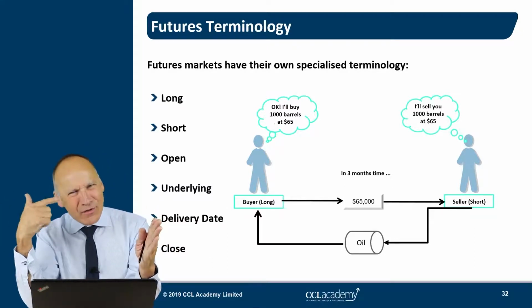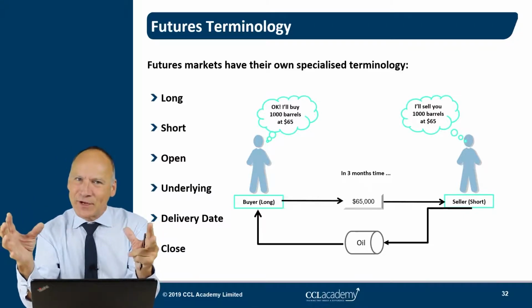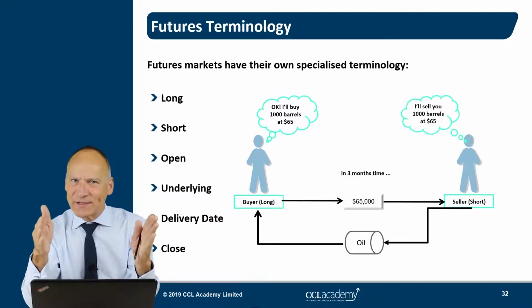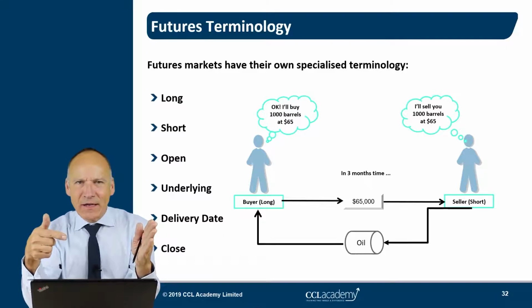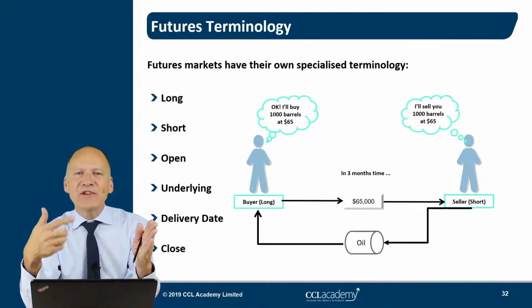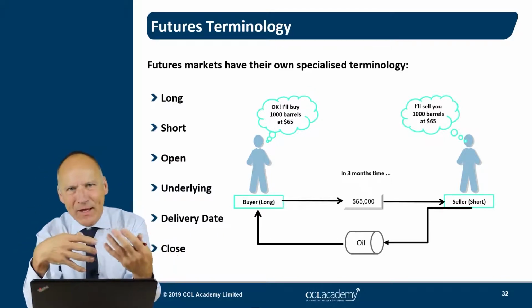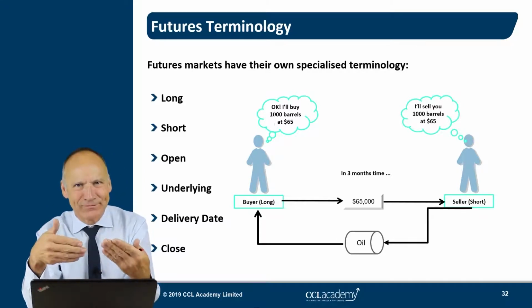Now, rather confusingly, a lot of contracts don't get to delivery. So what happens is before you get to delivery date, the easiest way to think of this is to presume that the long and the short reach some sort of agreement to say, let's forget delivery and let's just settle for some cash.